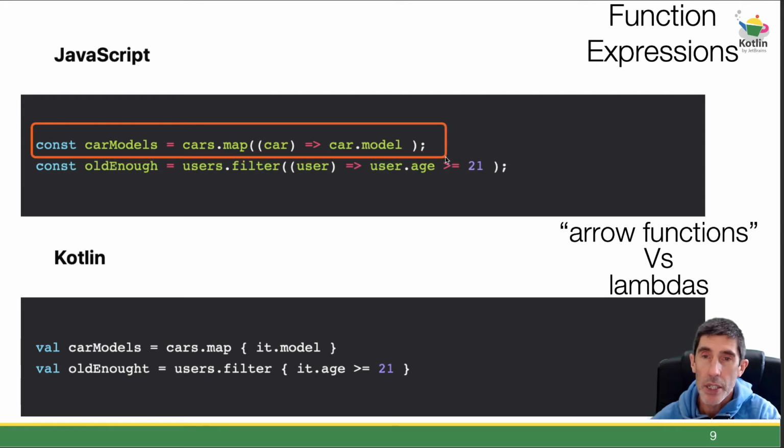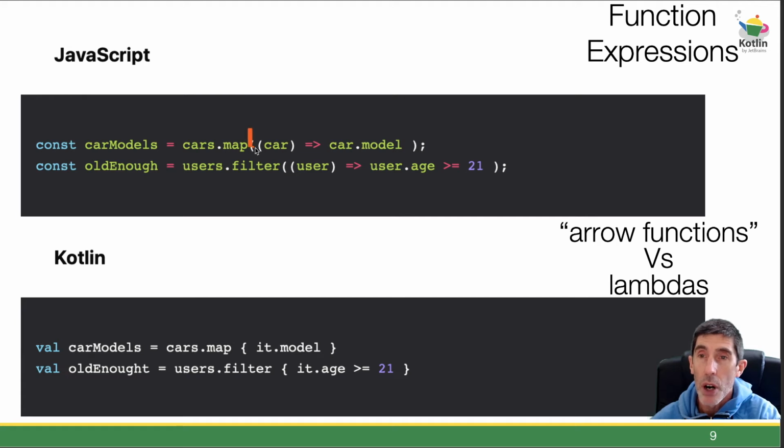We could say const carModels is assigned cars.map. We pass in the reference car, and we use our arrow notation, and then we have car.model as what we want to map from cars, to generate a collection based on the car model.